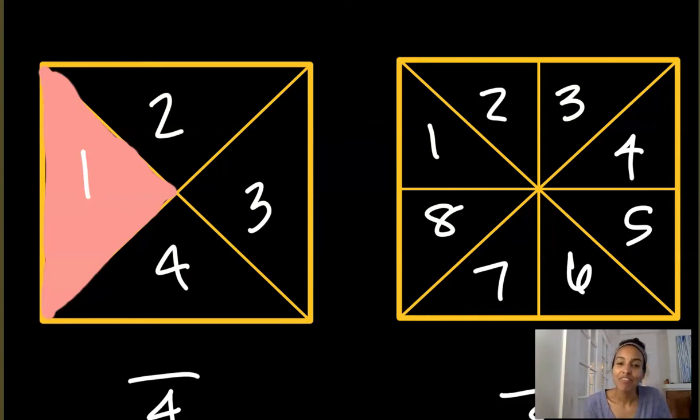Now, to have a fraction, we have to have one or a couple of parts that are shaded in order to determine what part of the whole we're looking at. You see, in the first square, I do have a part shaded. In the second square, I don't. Before we continue, can you tell me what fraction of the first square is shaded?